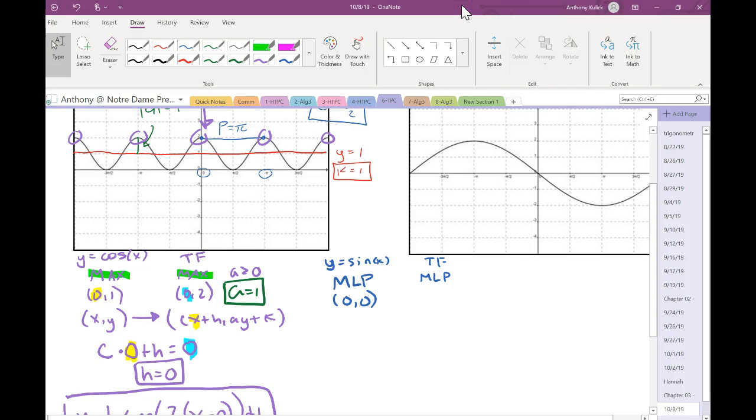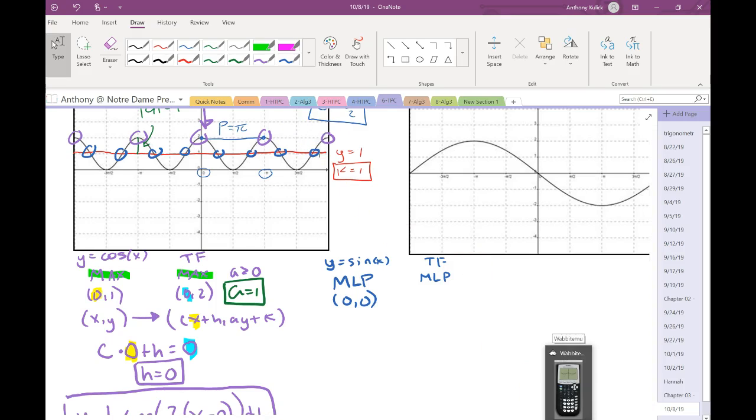So I need to choose a midline point on my graph. So any of these locations are a midline point. Any of those would be acceptable, but they're not all the same. So I need to be a little bit careful.